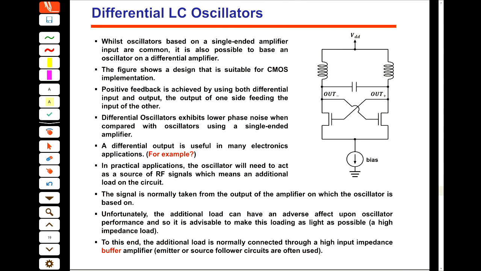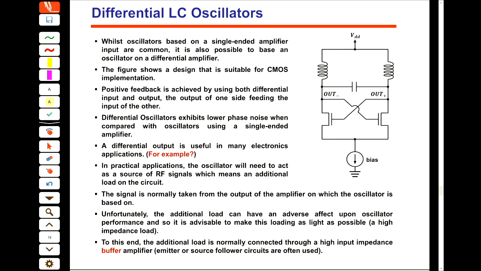We can use a differential amplifier like this and then make an oscillator. This is very useful, because most of the time, as you saw, for example, in your mixers, your double balanced mixers or single balanced mixers, they need a differential LO.